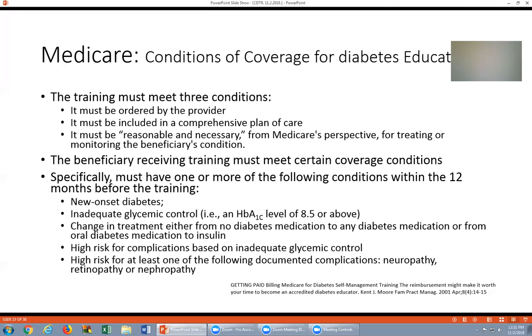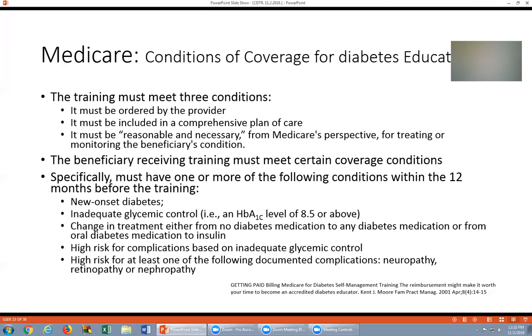The beneficiary must receive the training and meet certain criteria: within 12 months of diagnosis, they should have new onset diabetes. They should have an A1c of 8.5 or above. I'm not sure where that number came from, but by the time you have an A1c of above 8.5, I think you are way late in doing that education for the diabetic.